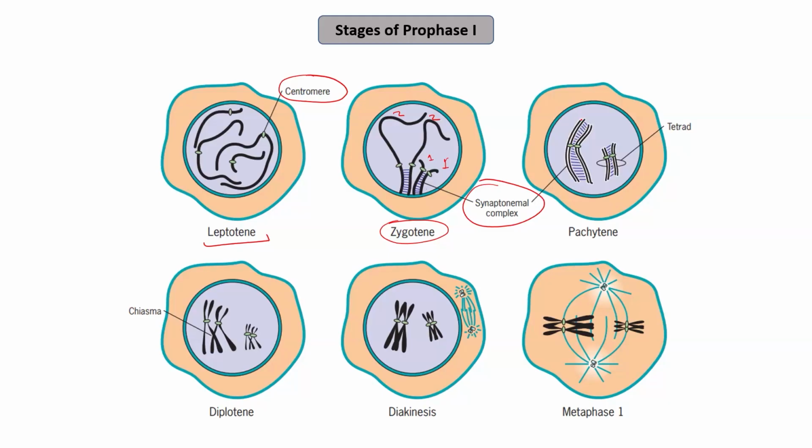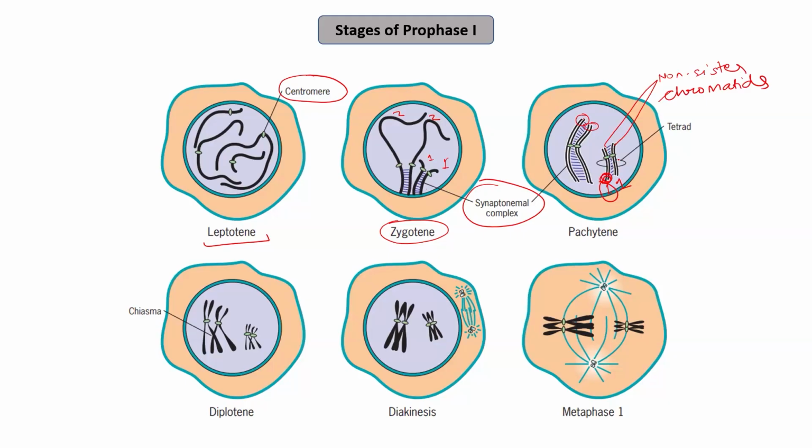That is, it has two sister chromatids, these are the sister chromatids, and these are again the sister chromatids, while this and this are the non-sister chromatids. So it consists of 4 arms, therefore it is a tetrad structure. These two are the non-sister chromatids. This is chromosome 1, this is also chromosome 1, for example. These two are the sister chromatids.